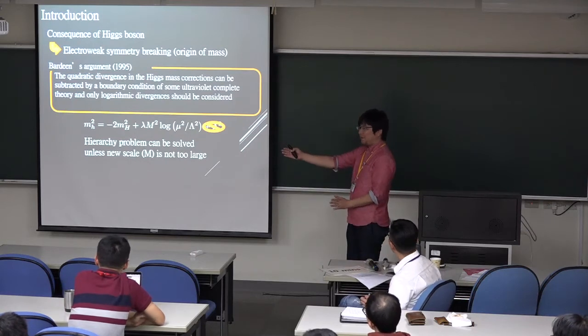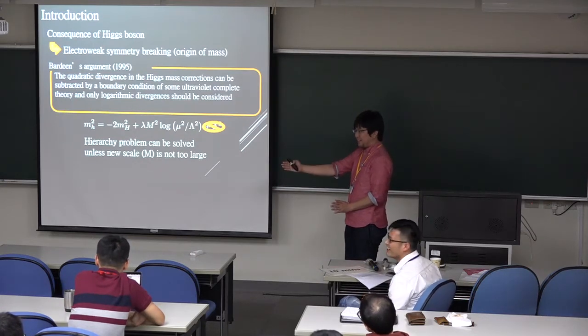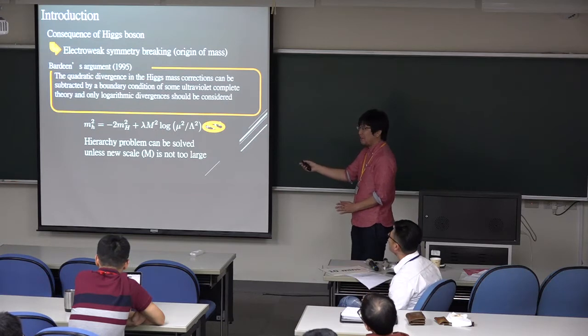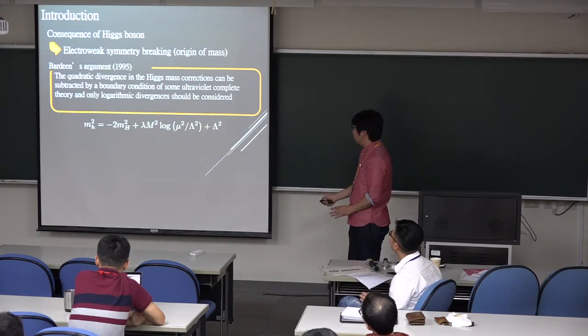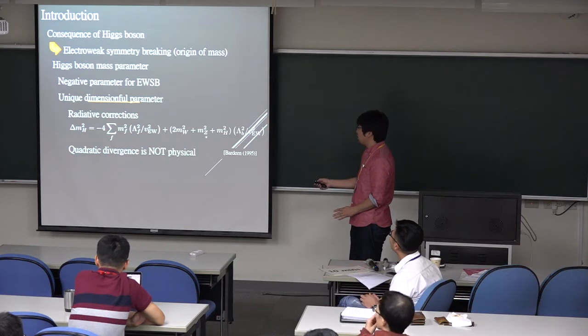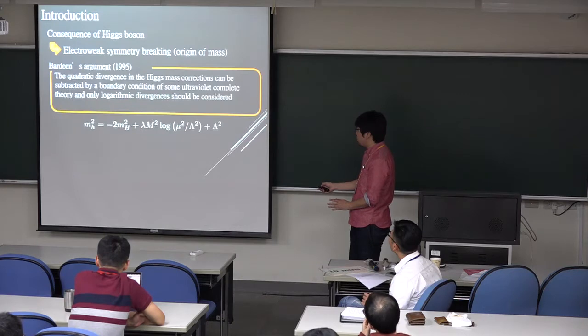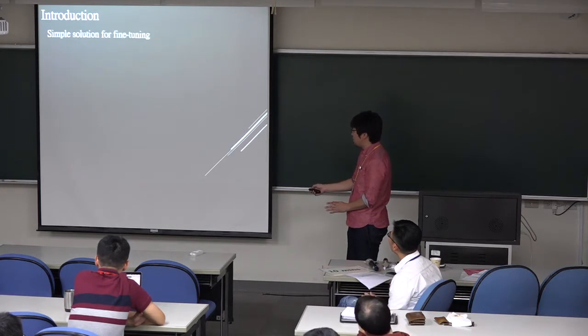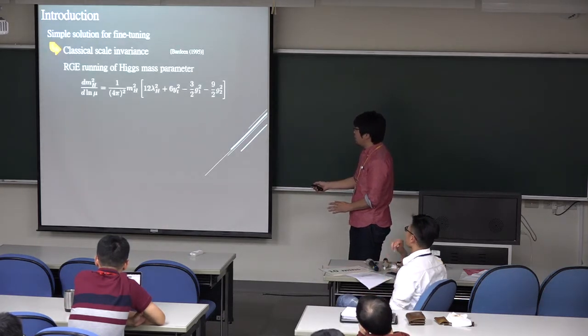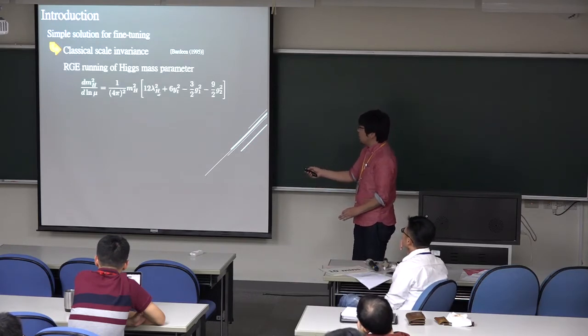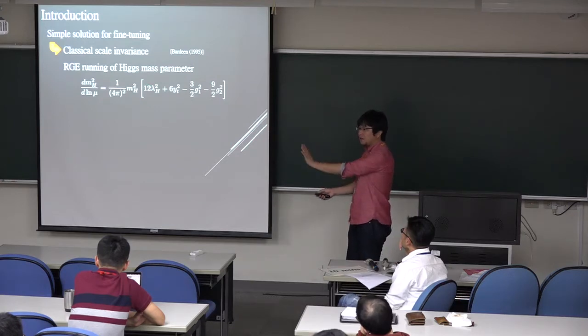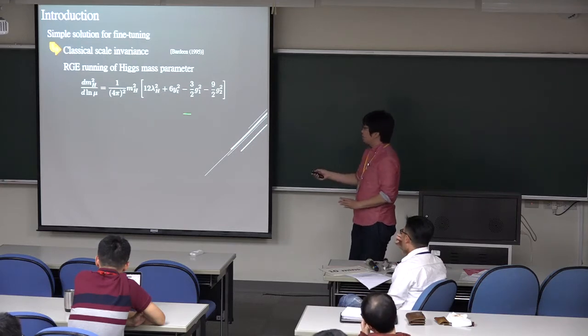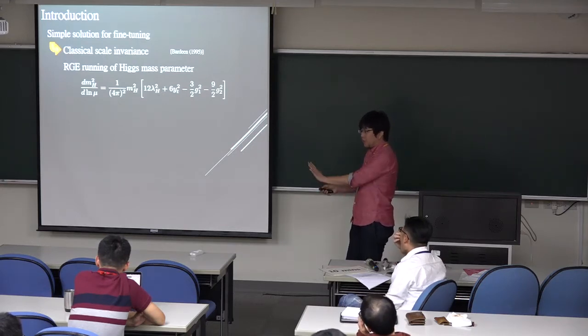Anyway, once you have been able to take that kind of boundary condition, as I showed you, all the corrections must be proportional to the mass itself, which is not shown here. The RG running correction itself is proportional to the mass itself. So once we take the boundary condition at the UV scale to be 0, there is no RG correction on the mass parameter.